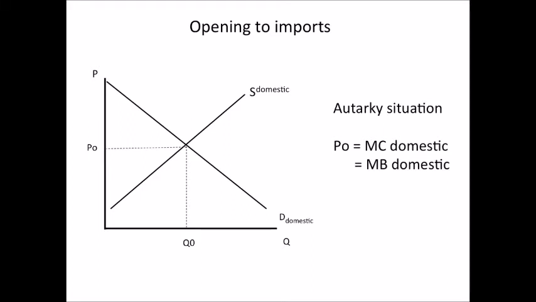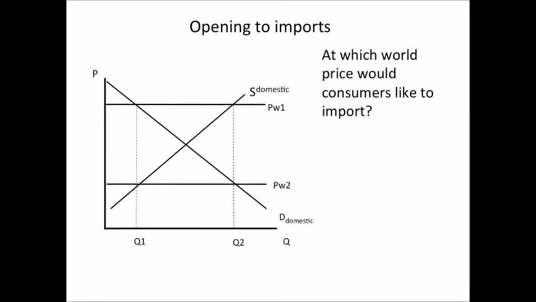So this is the initial situation, and we want to think about how one would depict and analyze imports. So first, I want you to just think about this for a second, of which one of these two prices would be one that would induce consumers to buy products from abroad, P1 or P2.